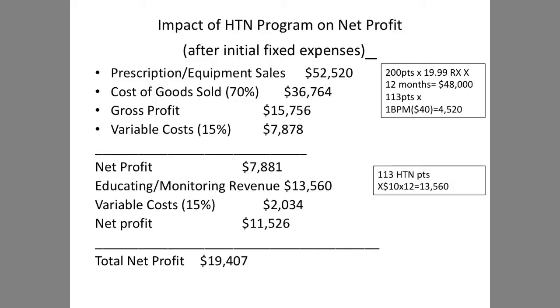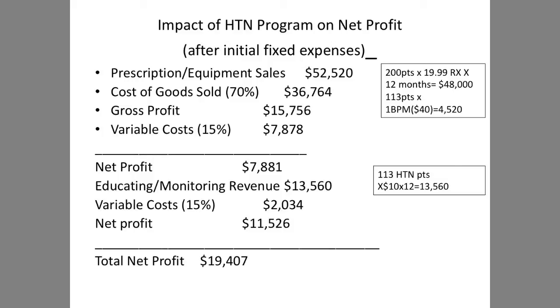So even if I never delivered this service, it would be around $48,000 I would take in revenue. But if they want to be part of this service, I am going to sell them one blood pressure machine, which is $40 if I times it by the number of potential patients that might be in this program.